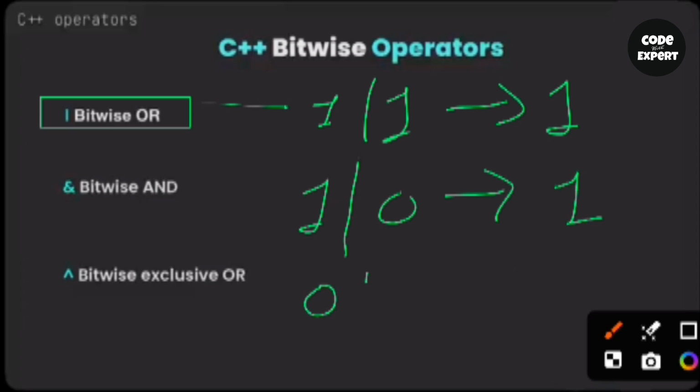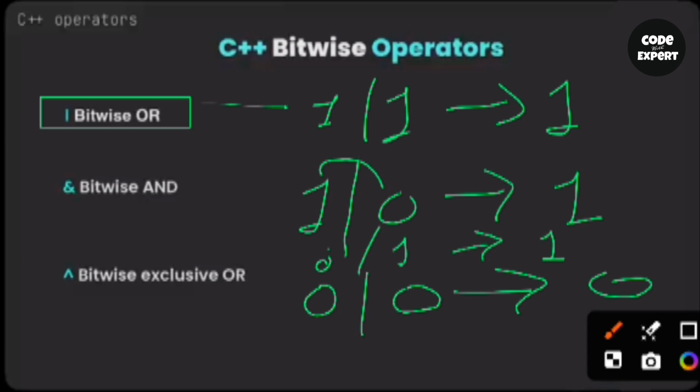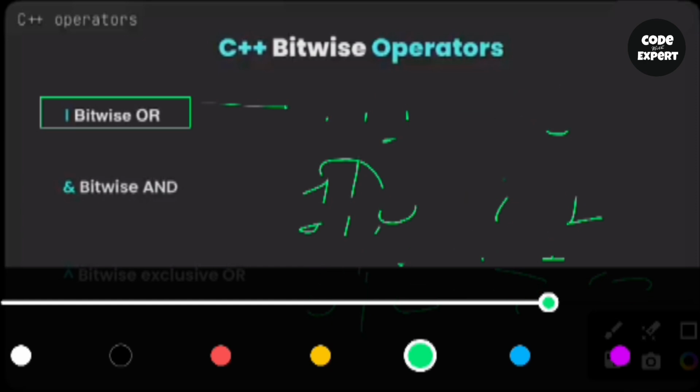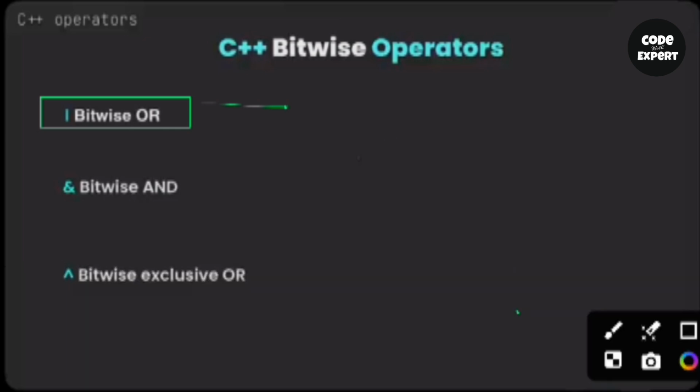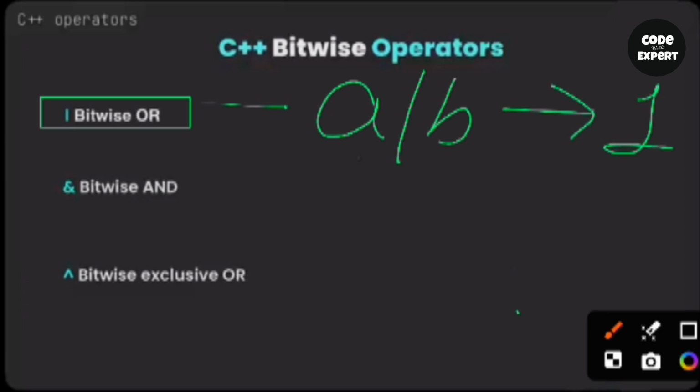If I write both statements false, it will give 0. Bitwise OR states that if both the expressions are true, it will execute true. If one of them is true, it will also execute 1. But if both are false, it will execute 0.